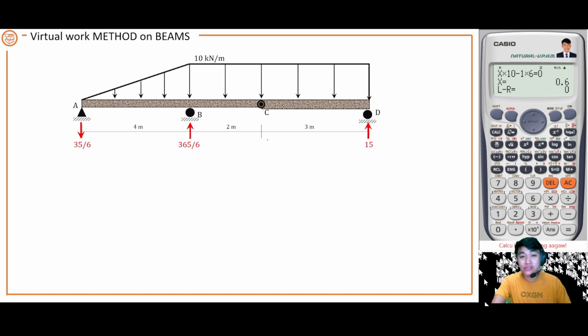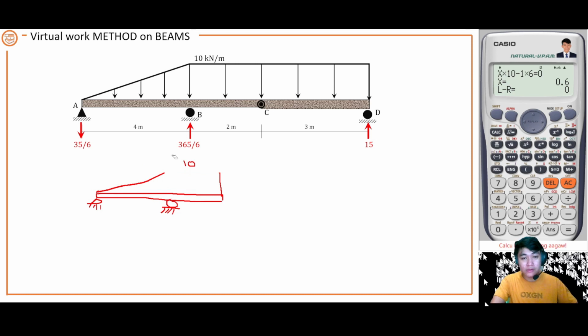So these are the reactions at the support. So how do we solve that? Of course, you have to isolate first at point C because we have internal hinge. We cannot identify the reactions at the support if we will not cut that point C. Okay, so let's cut at point C. This is 10 kilonewton per meter.